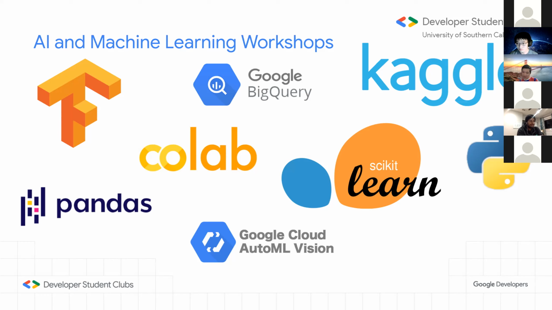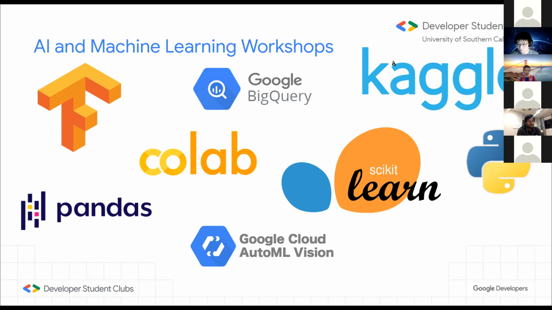So DK and I are the AI and ML tech leads for this club. And what that essentially means is that we're going to be making and hosting workshops, teaching all of you who are interested practical machine learning skills. And that includes everything you see here right now, teaching you guys stuff like the TensorFlow machine learning framework, basic skills such as how to use Colab, which is an online, basically Python notebook, teaching you guys basic Python, if you guys don't know that already, and making projects and solving cool challenges.